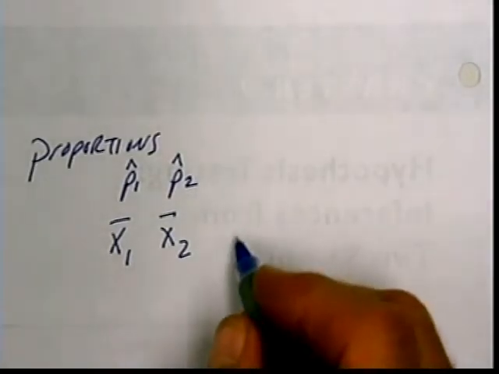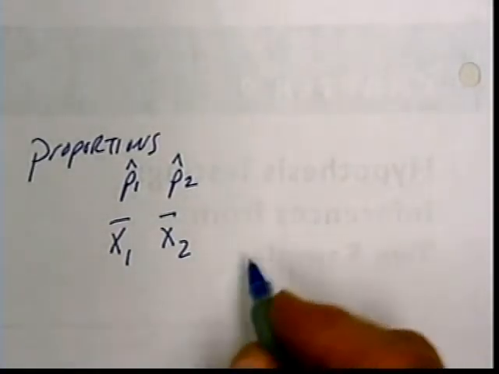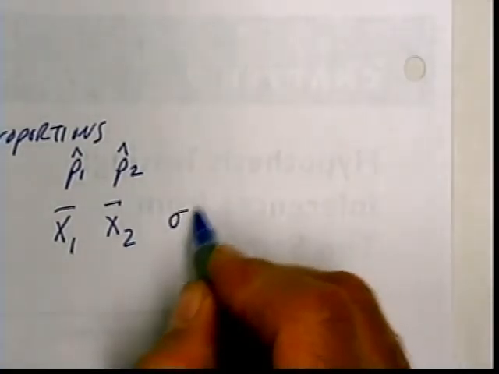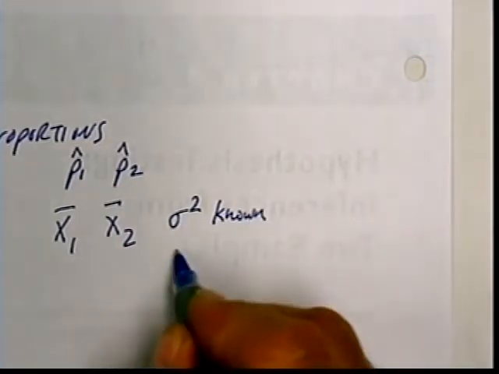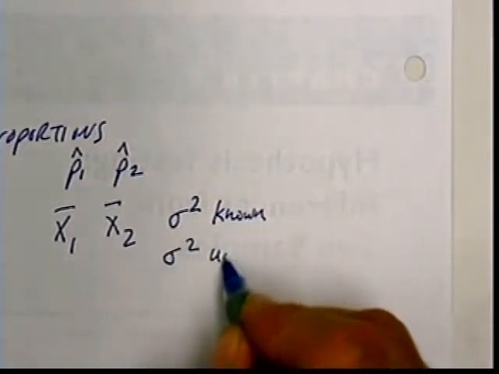Now, in this situation, there are two different possibilities with the means. That would be if the variance is known or the variance is unknown.